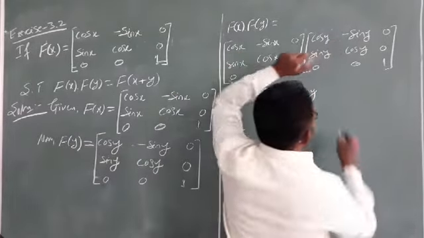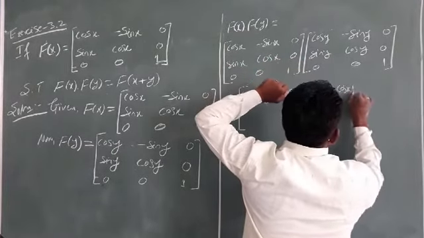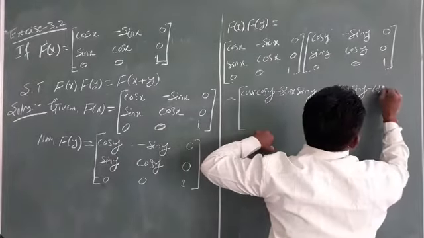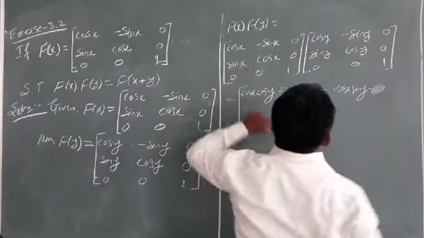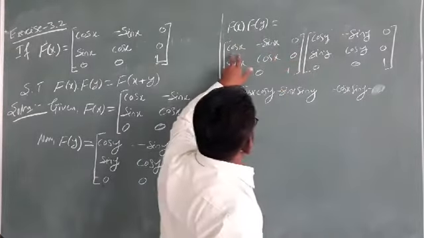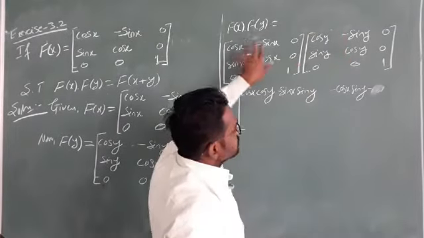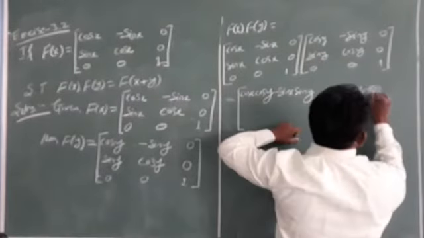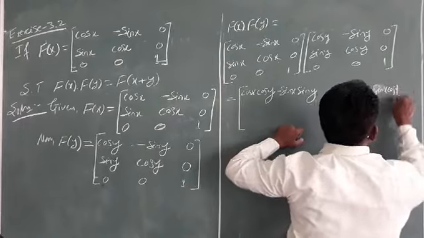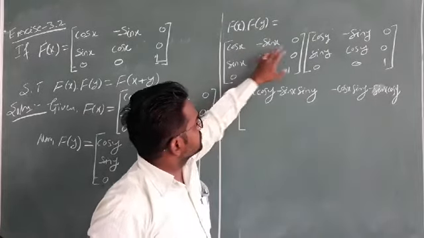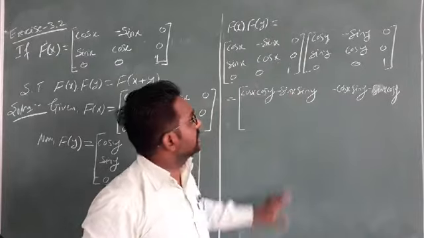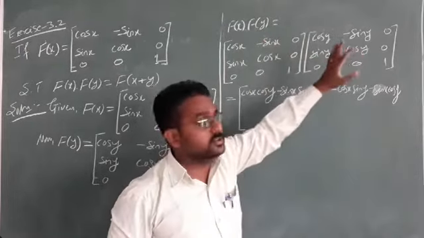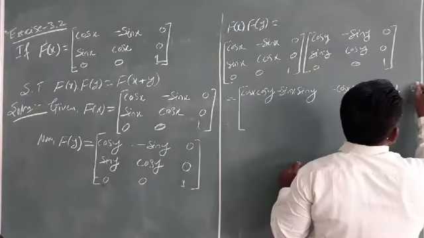Cos x into minus sin y, minus cos x sin y, minus sin x into cos y. Next, first row, last column, cos x into 0, minus sin x into 0, 0 into 0, that is 0. So the last value is 0.